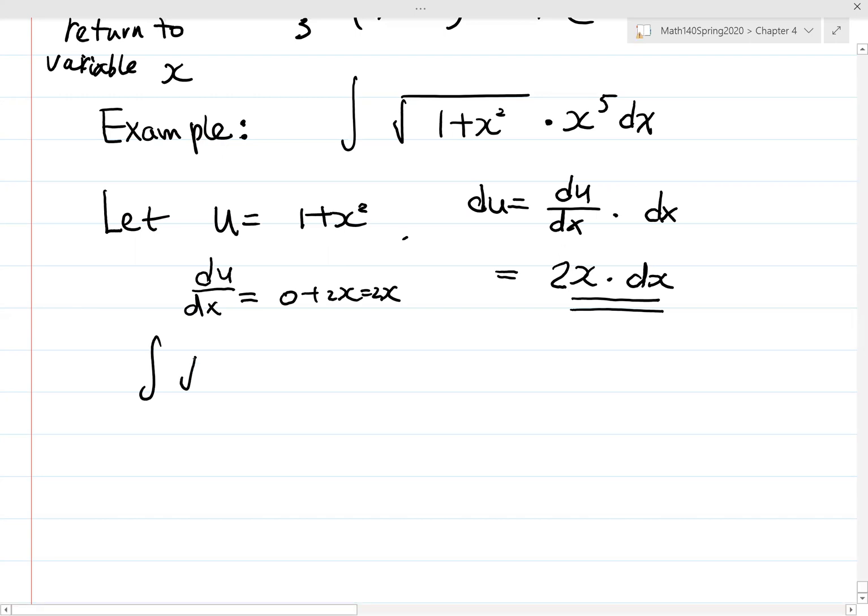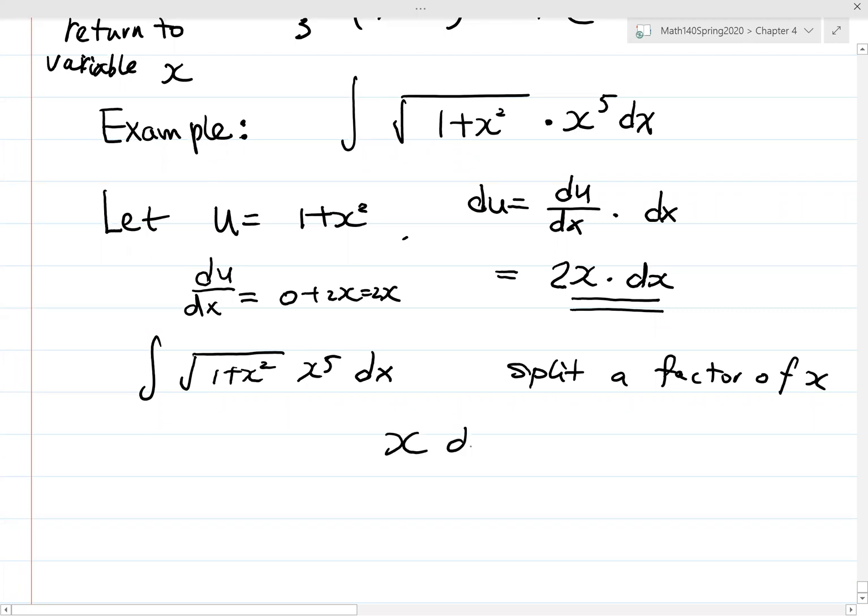Now we use the following trick. X power 5, we can write as, we split a factor of x, so that we have x dx. And then x power 5 gives x power 4.